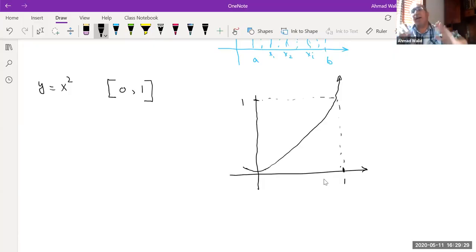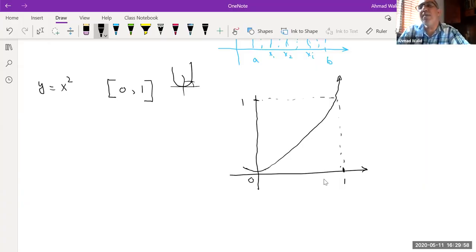It's a parabola like this, and it's passing through 1, 1, correct? I didn't draw the other side because I'm just calculating the area under this curve from 0 to 1. Here is your 0, here is a 1. It means they are asking me to find this area from 0 to 1 under the curve.